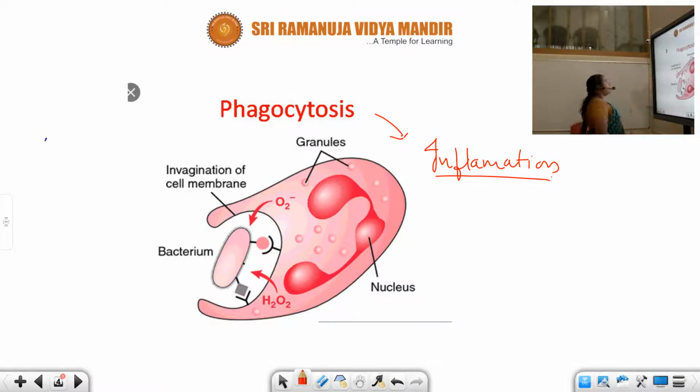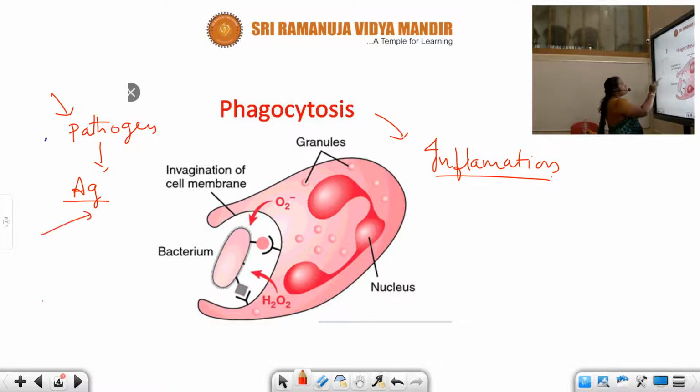Actually, students, whenever a microorganism or a pathogen enters our body, I am going to explain now the fate of the pathogen. This pathogen is going to produce this antigen. Now this antigen is responsible for causing disease or infection in the particular individual.